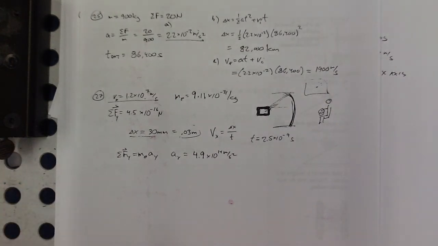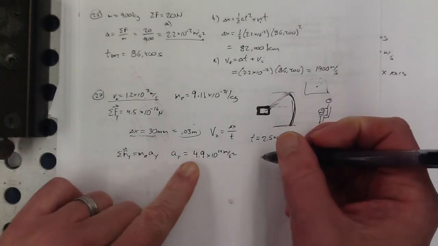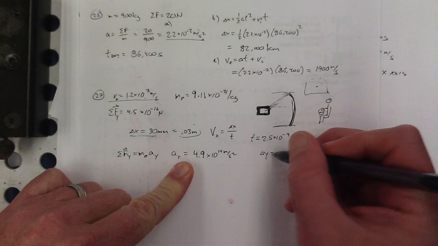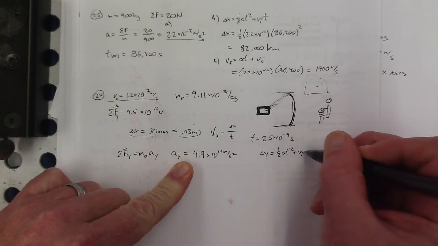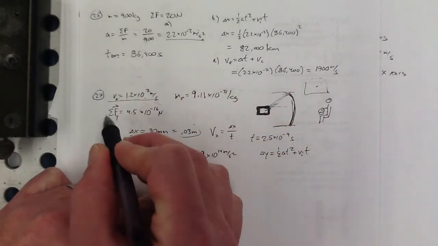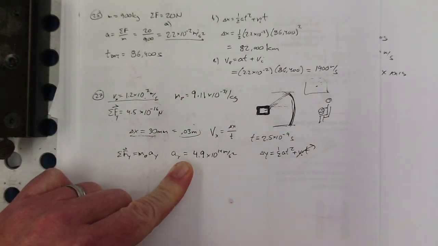And we want to know how much it gets deflected. So that would be its delta y. Delta y is equal to 1/2 at squared plus vit, but the initial vertical velocity is 0, since it comes in horizontally, just like a projectile motion problem where something is launched horizontally.